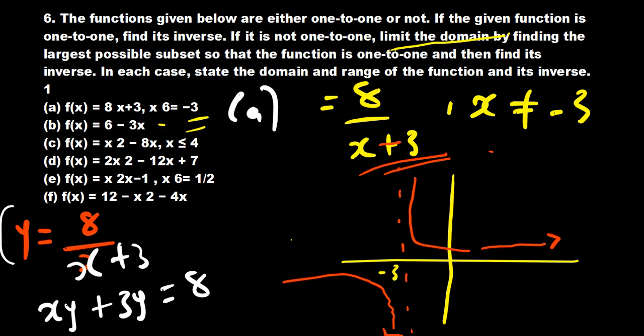Now what are we going to have in terms of x? Our x in this case will be 8 minus 3y, when the 3y goes to the other side, over y.